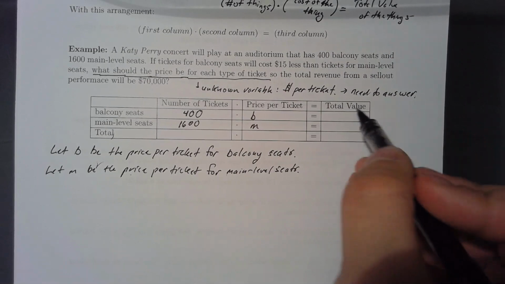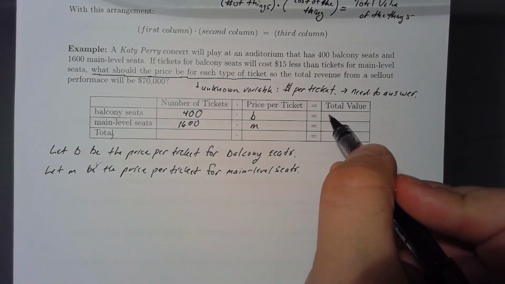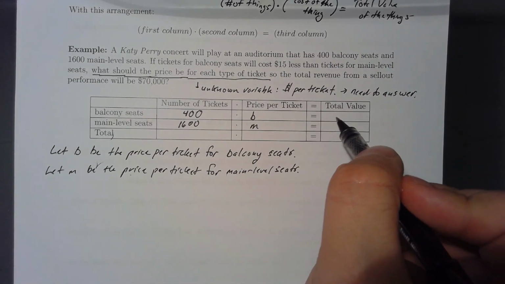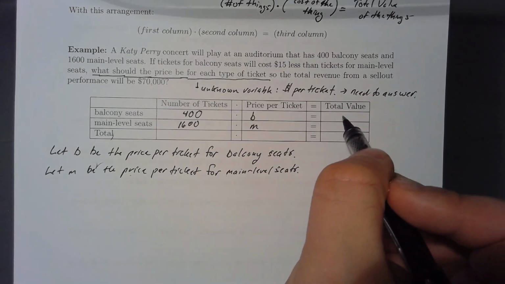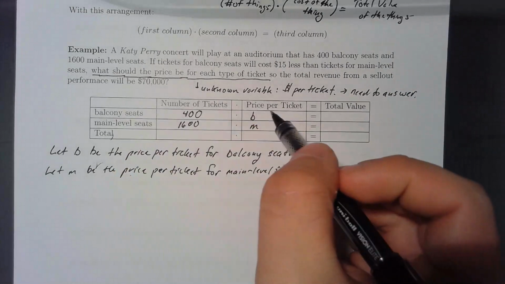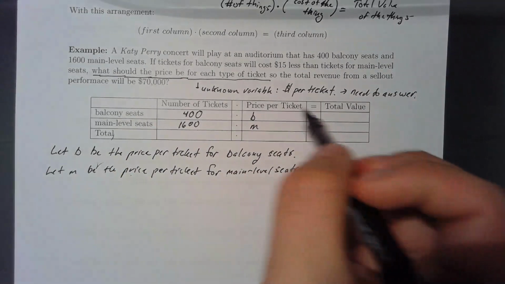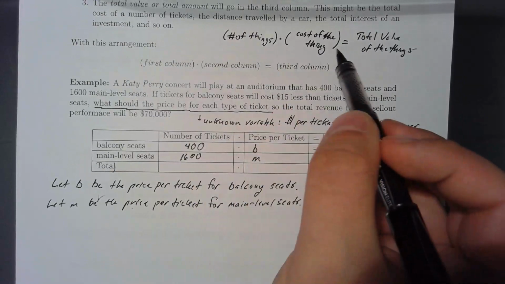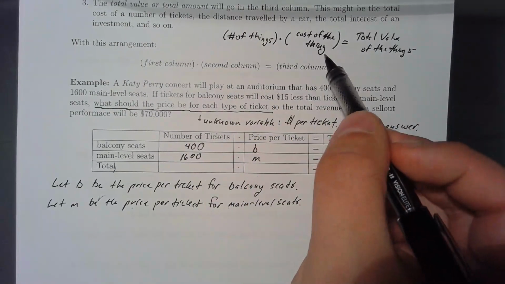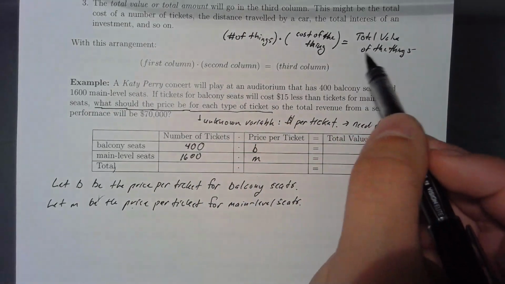So the total value is going to be what? What's the total value of the balcony seats? Well, that's going to be the number of tickets times the price per ticket. That stems from this formula: the number of things times the cost of a thing equals the total value of that thing.